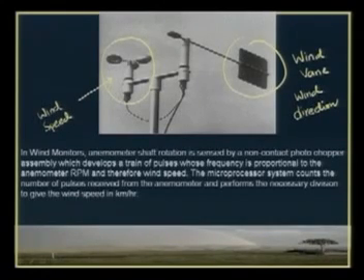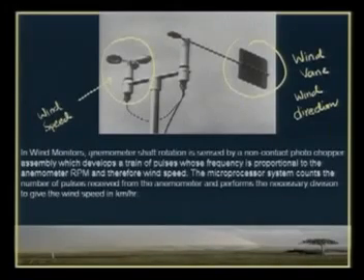Although we don't manufacture these things ourselves, as experts do, we should at least know the underlying principles of how wind speed is measured. In wind monitors, the anemometer is the device that measures wind speed.